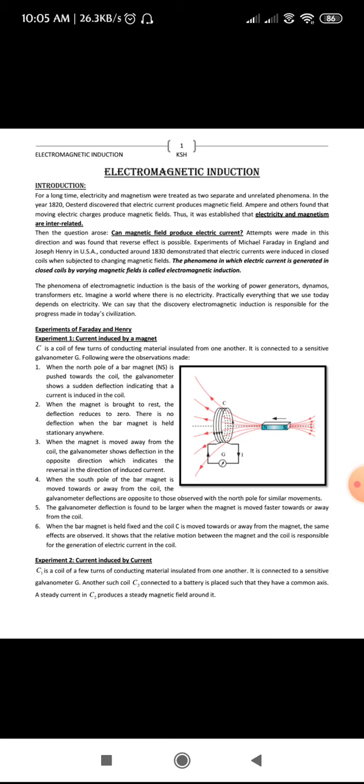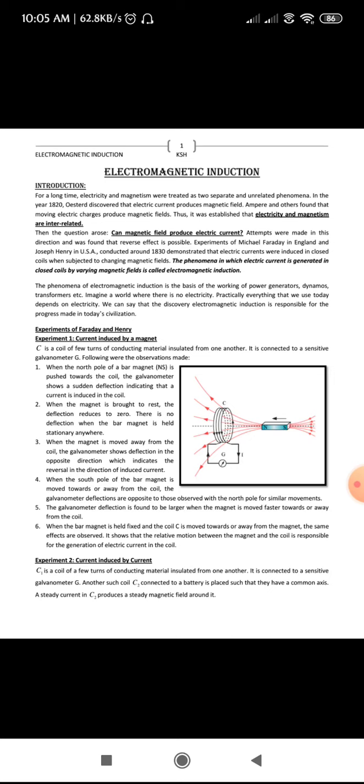When you move this bar magnet towards the coil, the magnetic field linked with the coil changes, so there is an induced current in the coil. The galvanometer shows deflection, let us say to the left side.